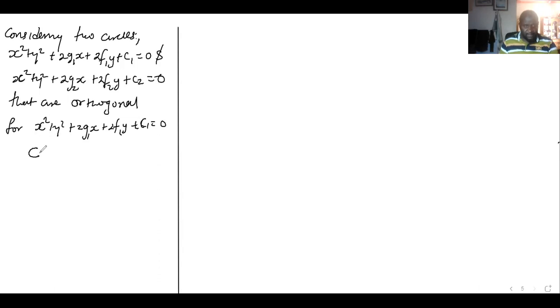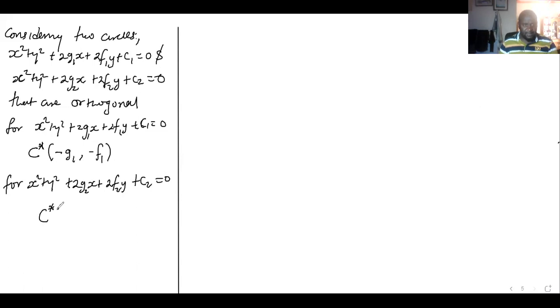This circle has a center C1*, which is (−g1, −f1). I hope my girlfriend, who asked me that question before, now knows how I'm getting the center. Then for the second one, the second center, C2*, is going to be (−g2, −f2).